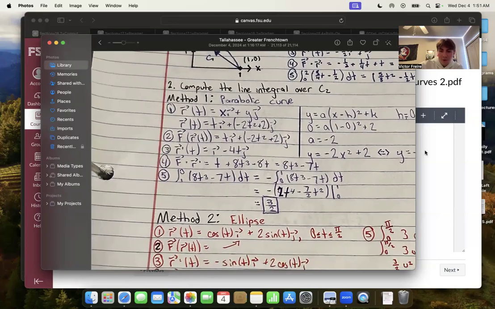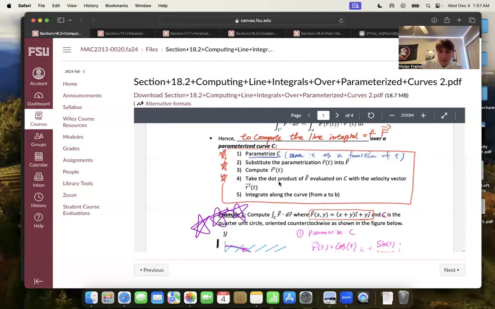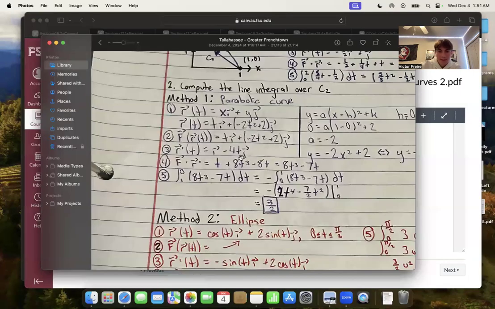And then step 4, once again, just F dot r prime. So that's going to be, let's get the x components, t times 1, which is t. Then here we get 8t cubed, and this times this is -8t. And then when we add that all up, we're left with 8t cubed minus 7t.